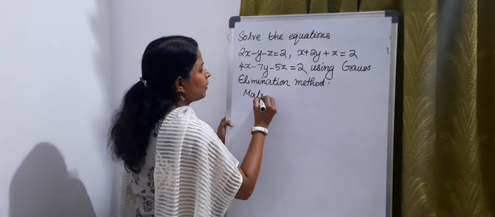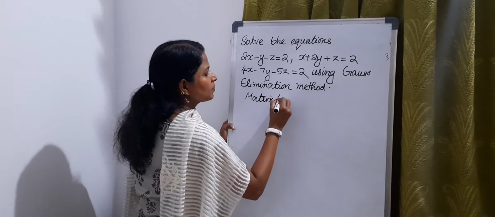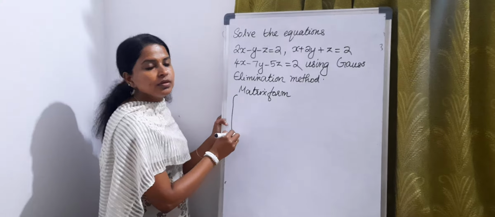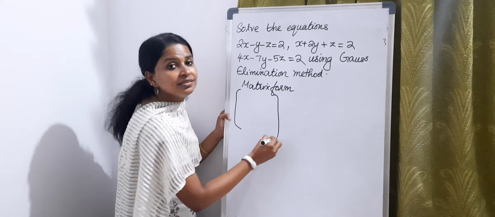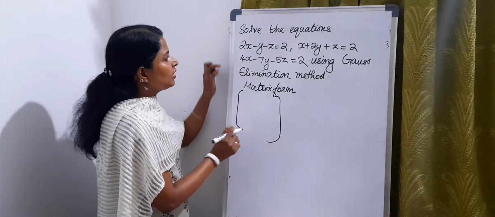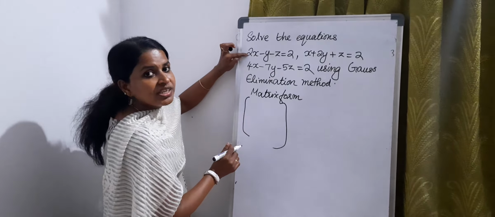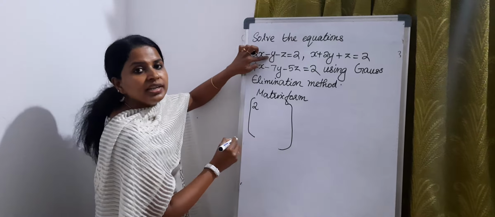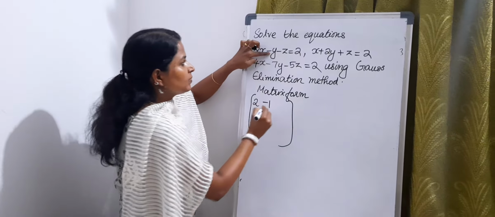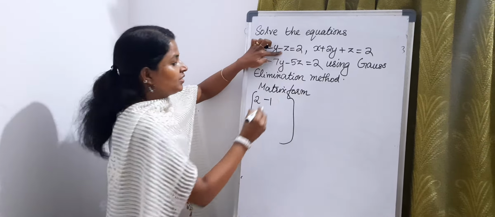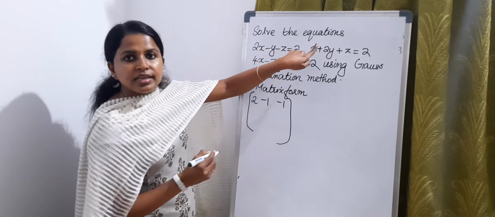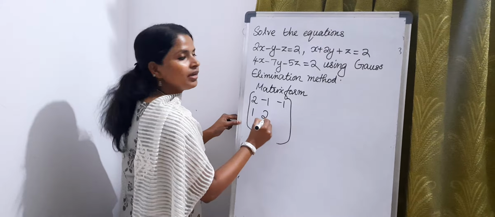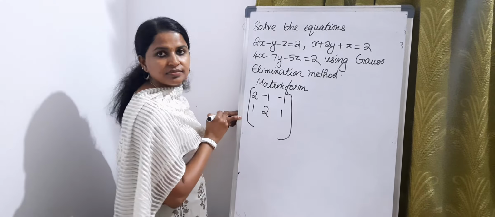Listen, matrix form. In matrix form, first write the coefficient matrix. First equation: 2x minus y minus z. Second equation: 1x, 2y, 1z.